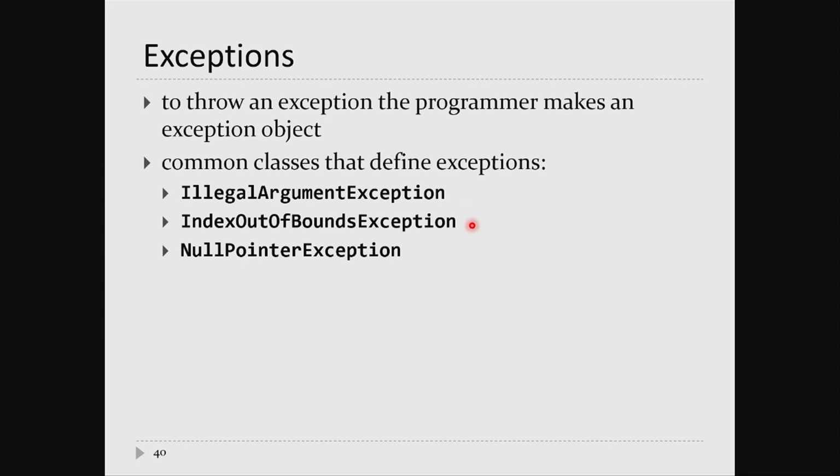IndexOutOfBoundsException is when you try to index into an array or a list with an invalid index. NullPointerException is when you pass in a reference that's null to a method or constructor. When the method uses that reference to call a method, there's no object to call the method with, and that results in a null pointer exception.